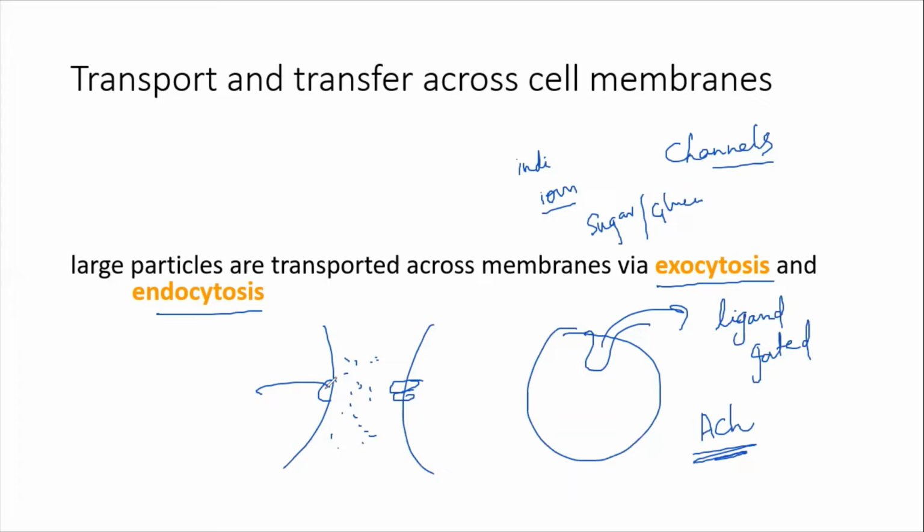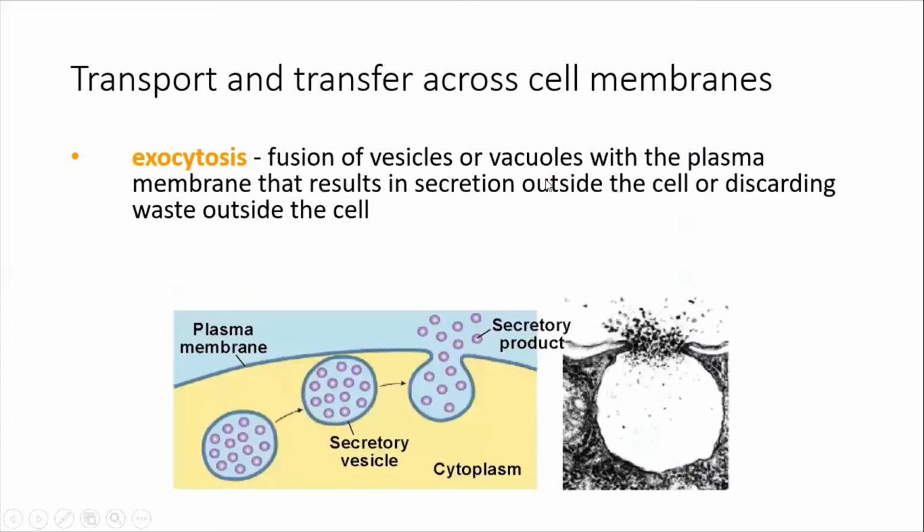Now this exocytosis and endocytosis, we are going to discuss. Very simple, very small topic. So what is exocytosis? The fusion of vesicles or vacuoles with the plasma membrane, resulting in the secretion outside the cell or discarding waste outside the cell. For example, growth hormones, or let us talk about insulin.